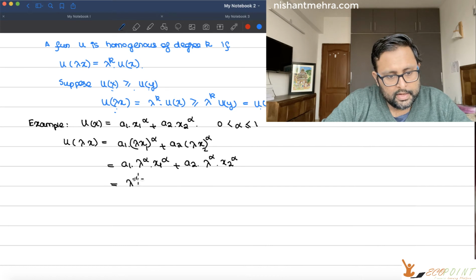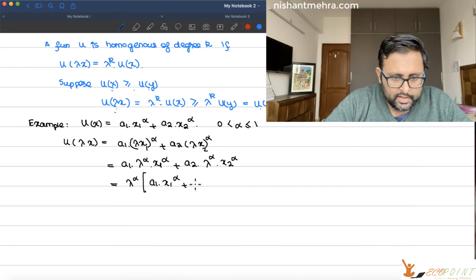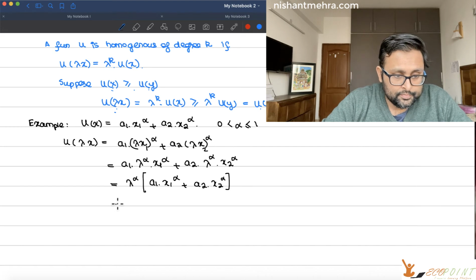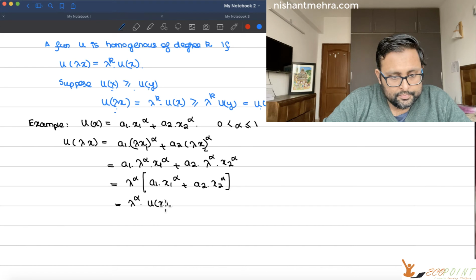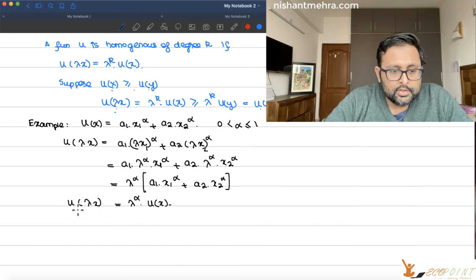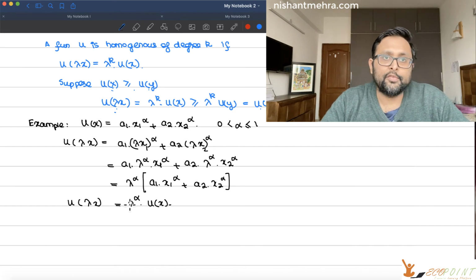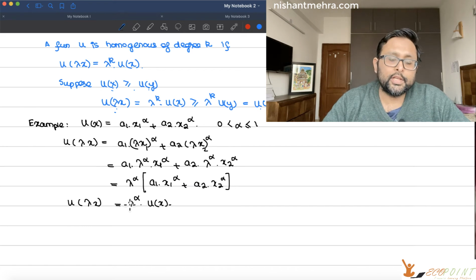I'll take lambda to the power alpha common. So I have x1 to the power alpha plus a2 x2 to the power alpha. So what you have shown is, this is nothing but u of x. So u of lambda x is equal to lambda to the power alpha u of x. So lambda is completely factored out, and it is factored out with the degree of alpha.